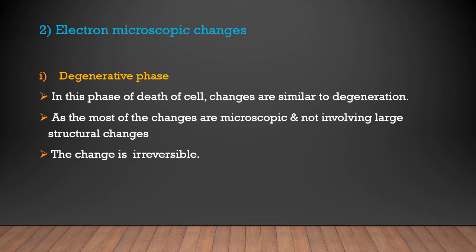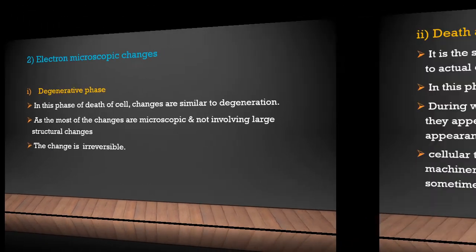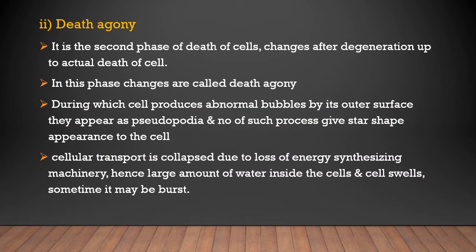The second electron microscopic phase is death agony. Death agony is the second phase of cell death, covering changes after degeneration up to the actual death of cells. In this phase the cell produces abnormal bubbles on its outer surface, which appear as pseudopodia, and a number of such processes give the cell a star-shaped appearance. Cellular transport then collapses due to these bubbles and loss of energy-synthesizing machinery.